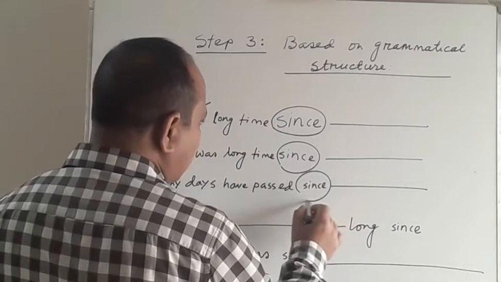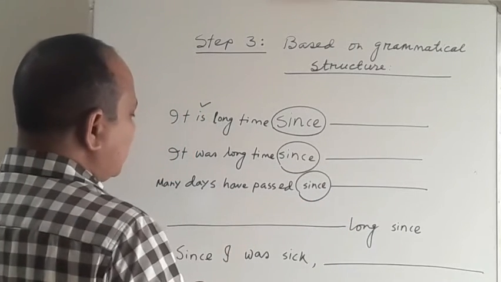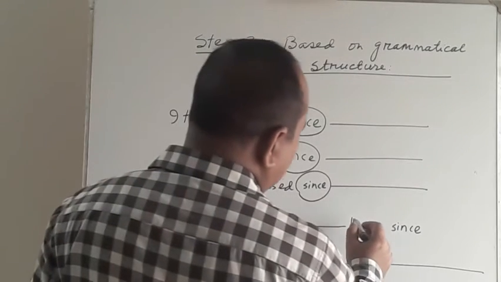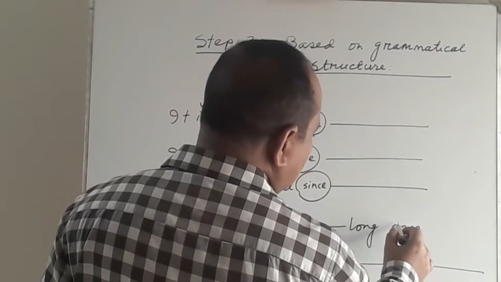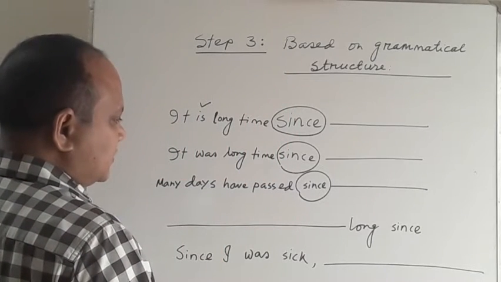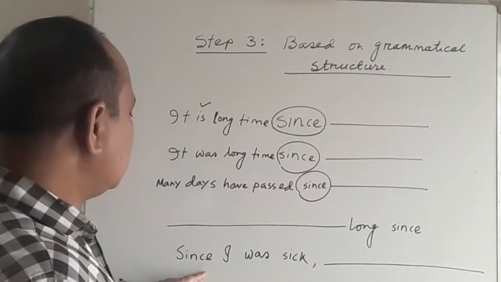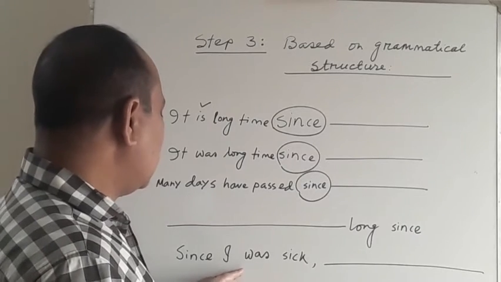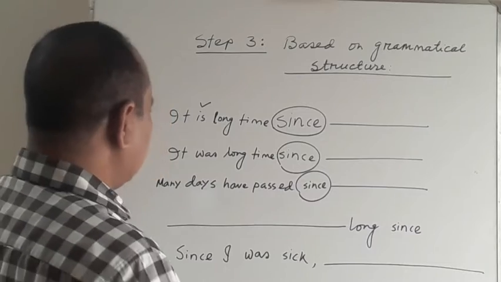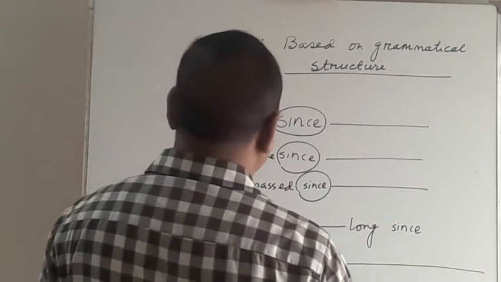Likewise, if the first part of since is present perfect, next will be past indefinite tense. If since actually is in the last portion of the sentence, the first part would be past indefinite tense. And likewise, if since is used as a subordinating conjunction, the next part would be according to the tense of the first part.